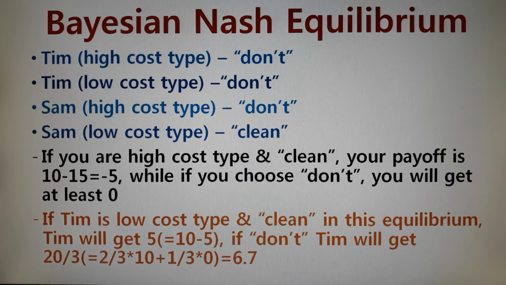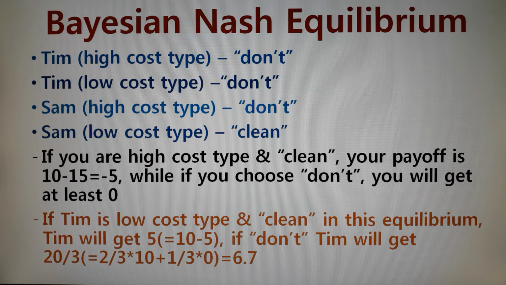And how do you find it? Nash, not a very kind person, didn't tell us how to find it. He just told us how to check it. Once you begin to play a Nash equilibrium, nobody has any incentive to change out of it.